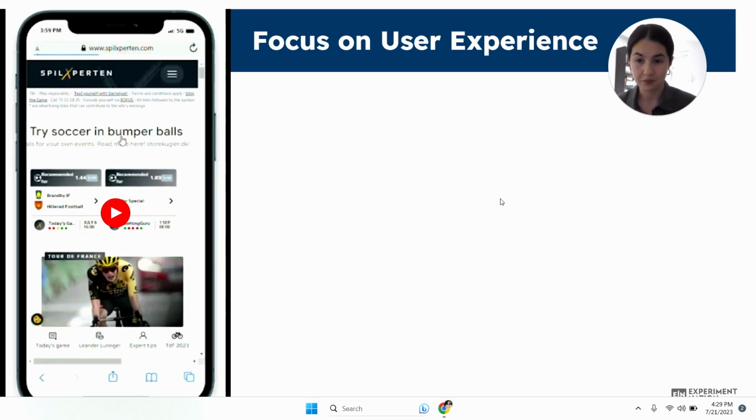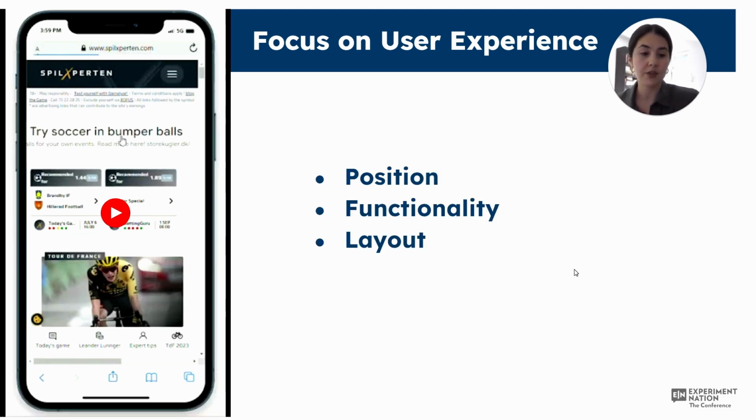And of course, you would want to take a look at three different aspects of the form assessment, which would be position, functionality, and layout. You want to see if your form is visible enough, if the users have the chance to actually notice it.